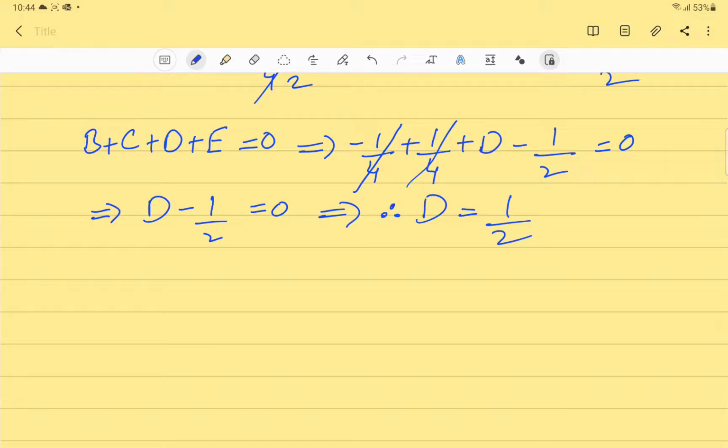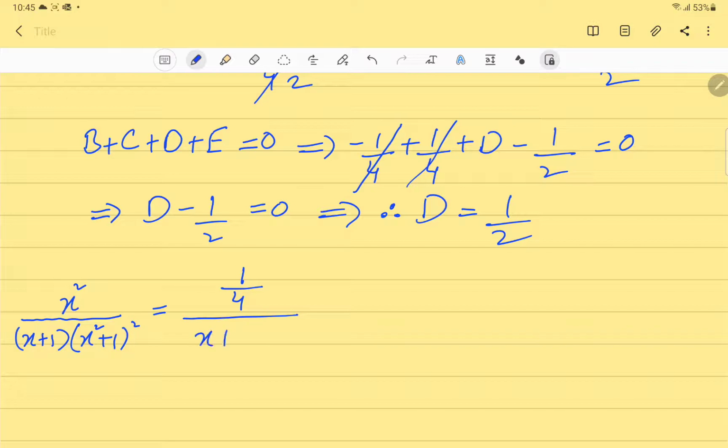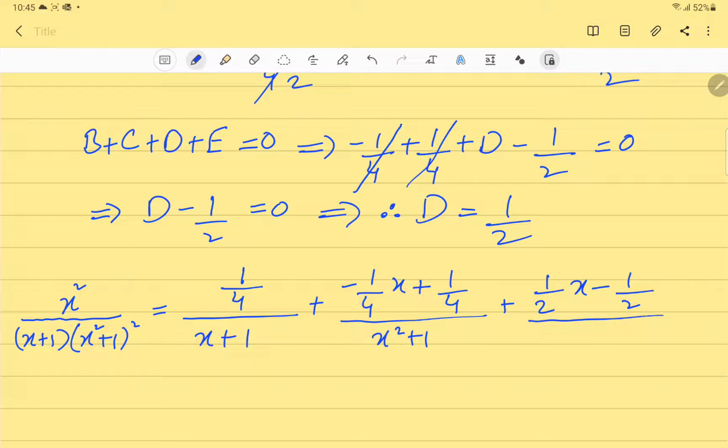So our algebraic fraction x squared over x plus 1 into x squared plus 1 squared is equal to 1 over 4 over x plus 1 minus 1 over 4x plus 1 over 4 over x squared plus 1 plus 1 over 2x minus 1 over 2 over x squared plus 1 whole squared.